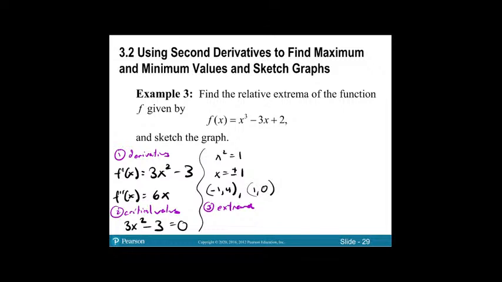So when x is -1, we get a negative result, which means it's concave down. So we have a potential max at x equals -1, all right? When x is 1, if we plug 1 into the second derivative, we get a positive result. That means it's concave up. That means we should have a relative minimum value at x equals 1, right? So the first one should be a max, the second one should be a min.